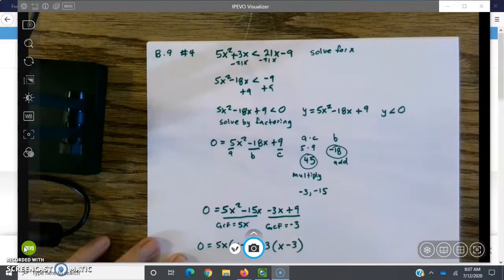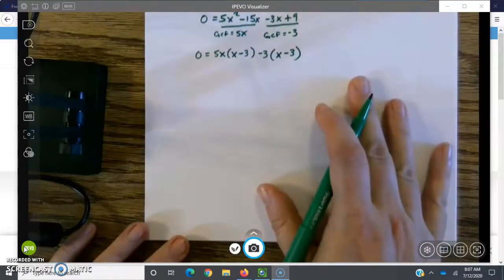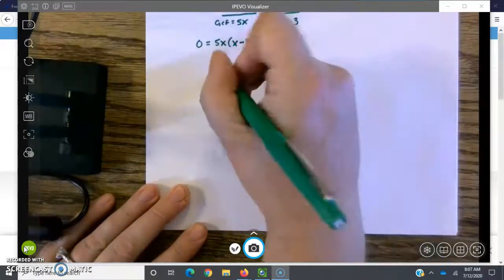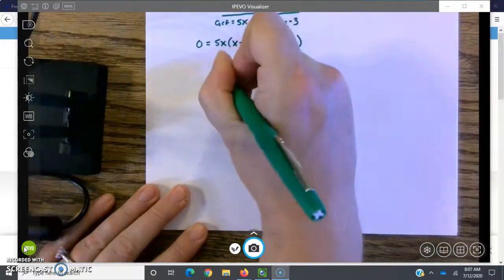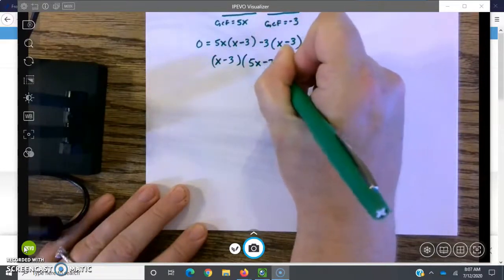So that gives us, oh, I messed it up, sorry. So that gives us x minus 3 and 5x minus 3.